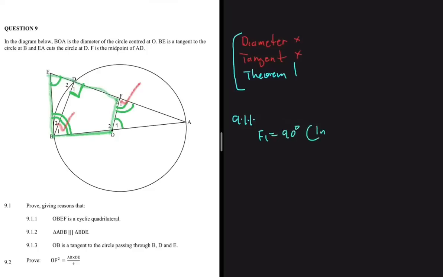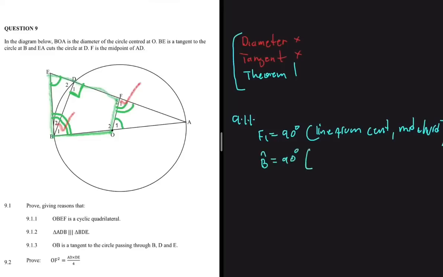We have a line from the center to the midpoint of a chord, right? That angle there should be 90 degrees. But then we need angle B to also be equal to 90 degrees. And then we will have proved that OBEF is a cyclic quadrilateral. And indeed, we can say that our angle B is equal to 90 degrees.